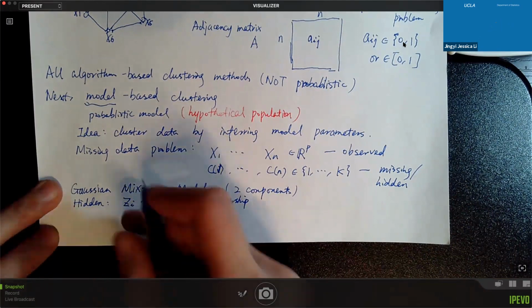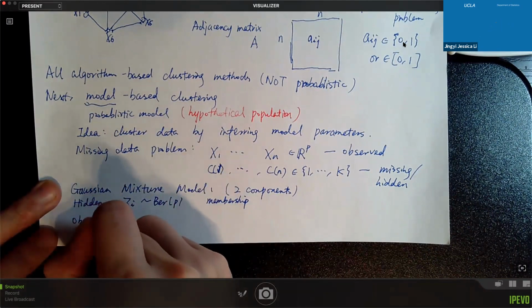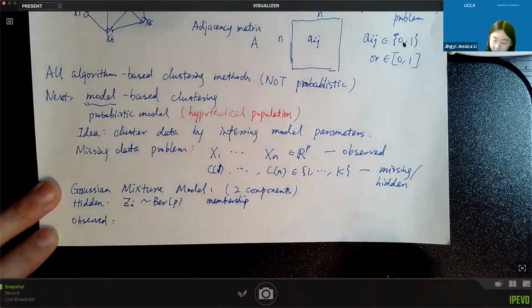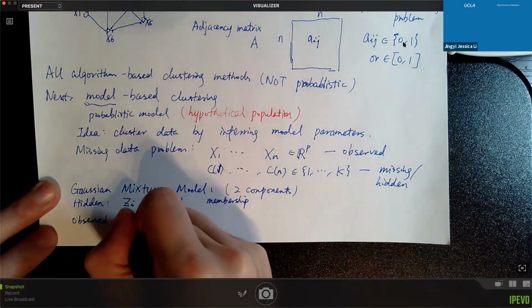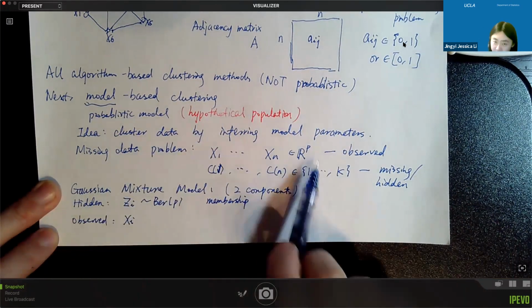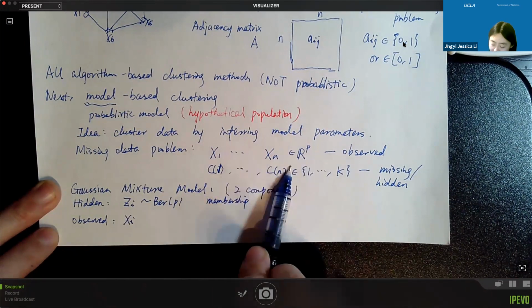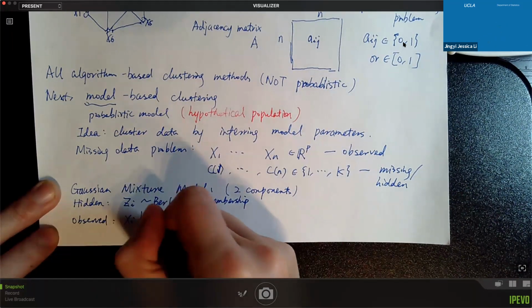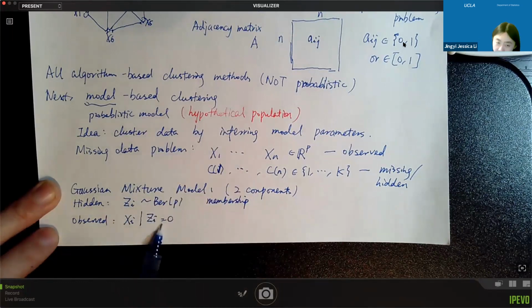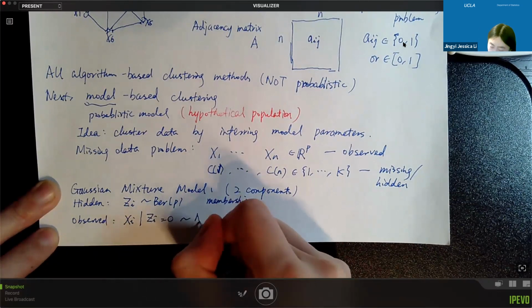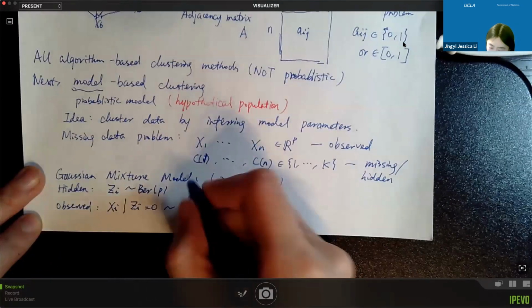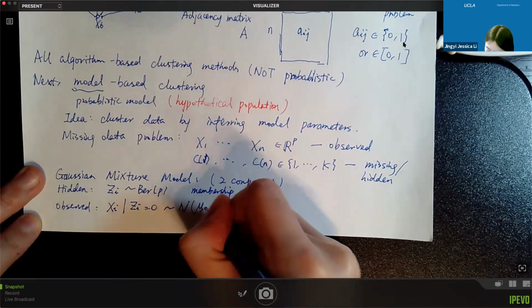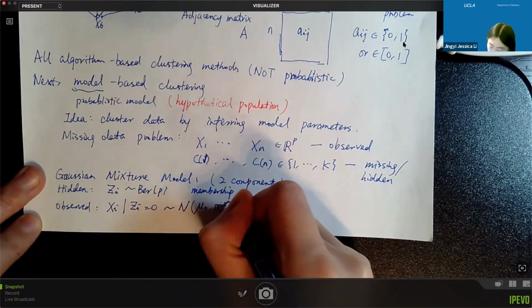And then our observed random variable, we call it x. Here we just make it simple by letting p equal 1, so we have one-dimensional data. That's easier. When zi equals 0, conditioning on this, we sample the data from a Gaussian or normal distribution with mean mu0 and variance sigma0 squared.